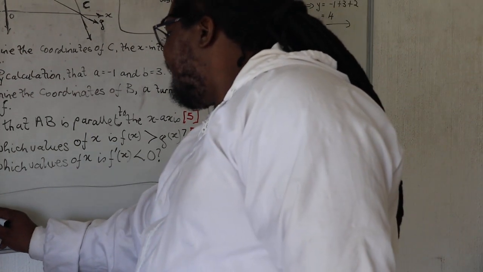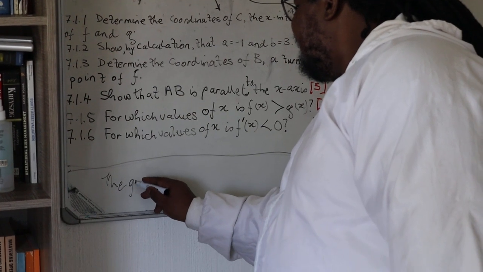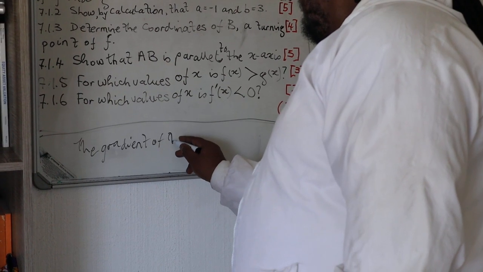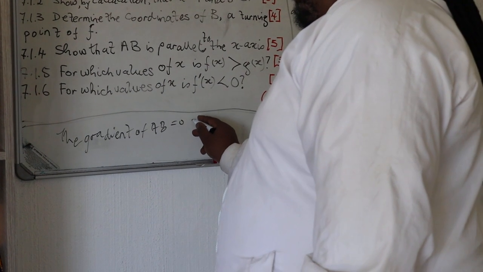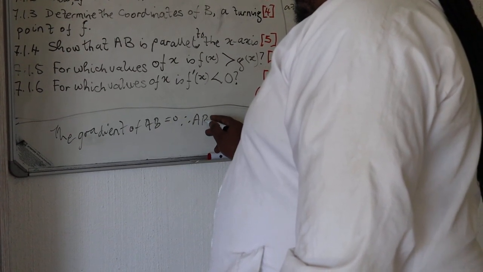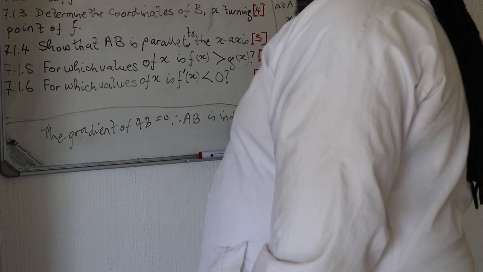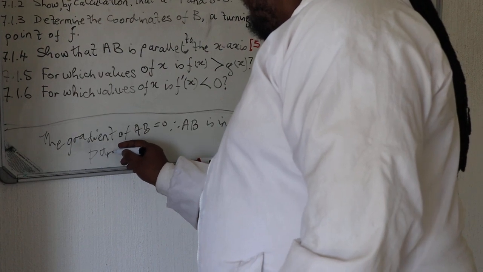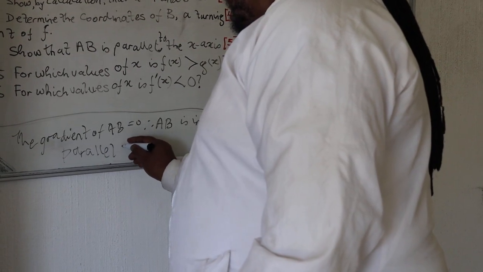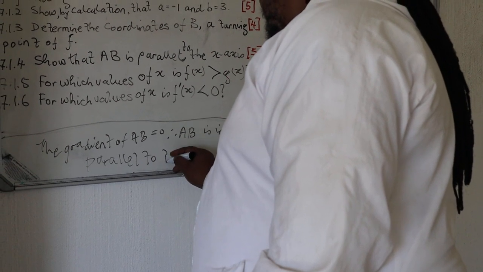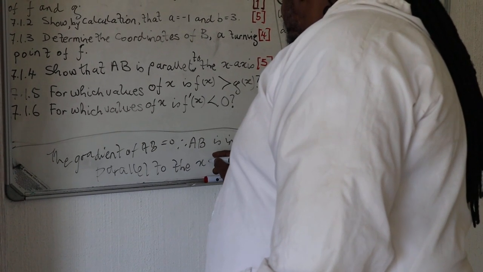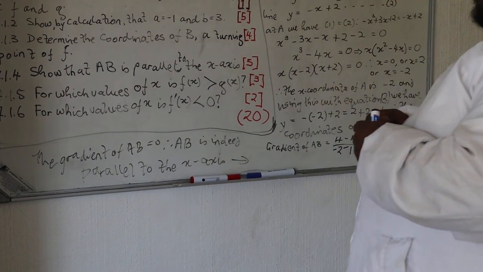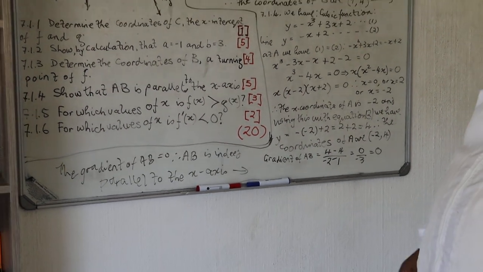So we can say the gradient of AB equals 0, and therefore AB is indeed parallel to the x-axis, as we have been required to show.